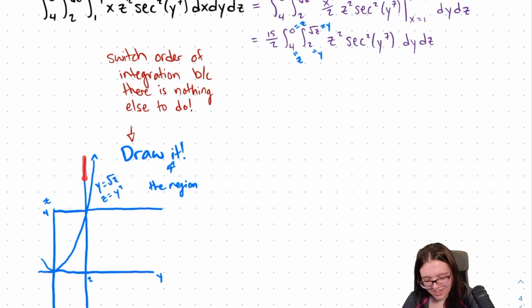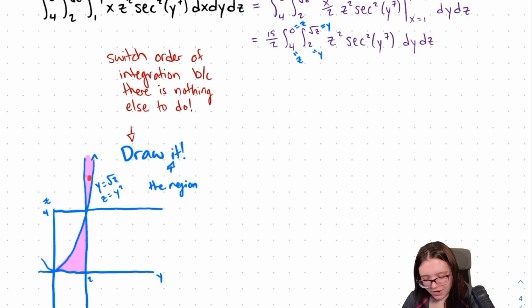So we're starting at the line y equals 2, and we're moving towards the curve y equals the square root of z. So I'm going to highlight everything in between. So I'm including this part. I'm including this part. And there's nothing really on the bottom because this curve does not exist below here. There's no square root of a negative. All right.